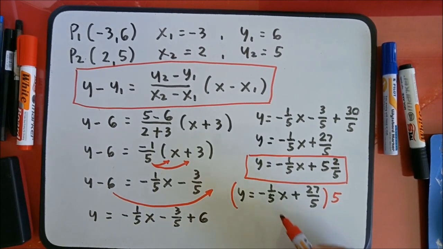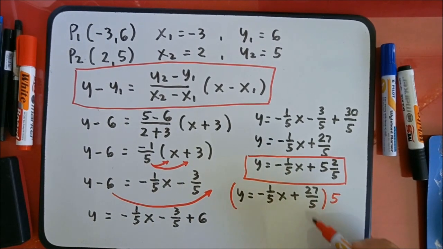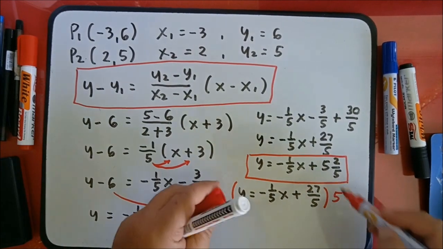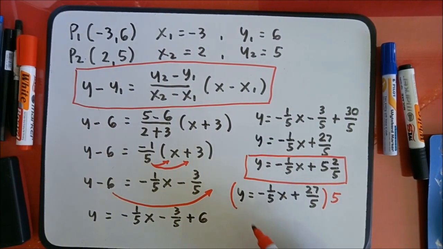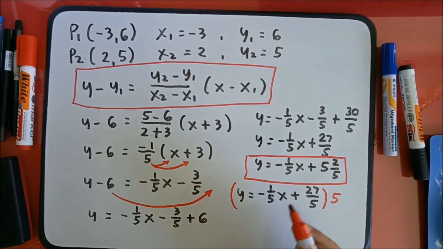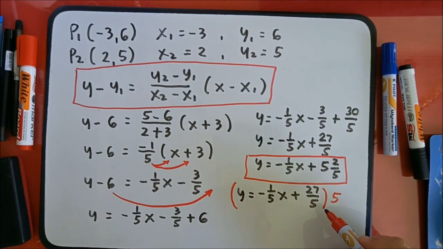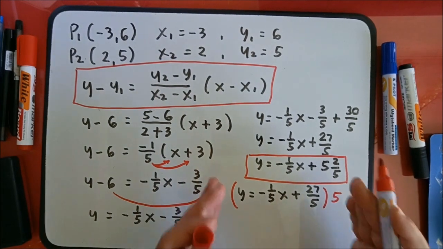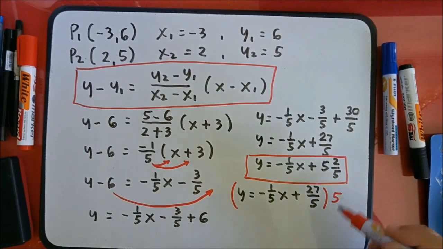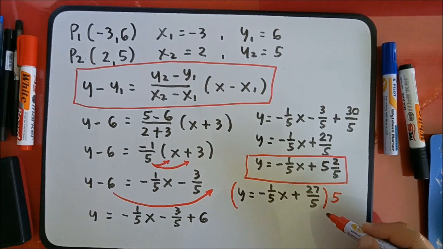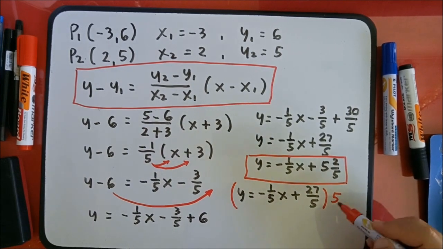Bakit 5? Okay, para mawala itong mga denominator na 5. Bakit lahat? Di ba dating ginagawa natin? Multiply the left side of the equation by 5, then multiply the right side of the equation by 5. Ang ginagawa ko, iniisa ko na lang. Pareho lang naman eh. Para mas mabilis. Shortcut. No? Minamultiply ko lahat ng 5.